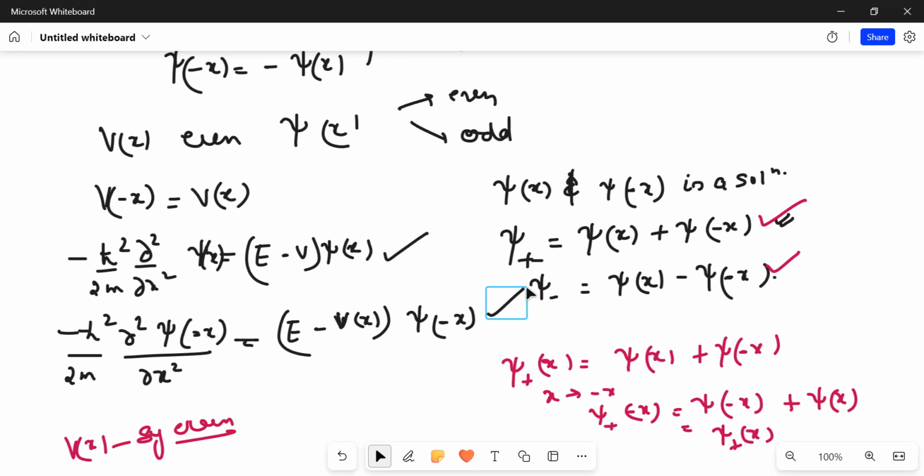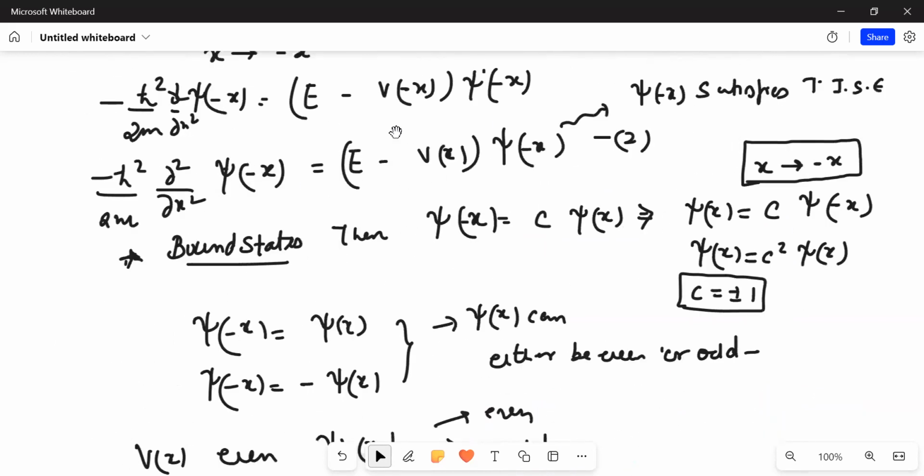Okay, I hope it is clear, and one can clearly see that both of them satisfy the Schrödinger equation. So it is always possible to choose even as well as odd eigenstates for a symmetric potential. So whenever V(x) is an even function or a symmetric function, the corresponding eigenfunctions in general will be either even or odd.